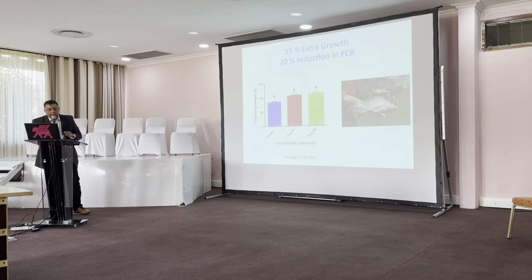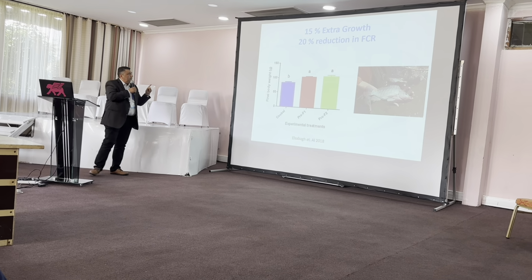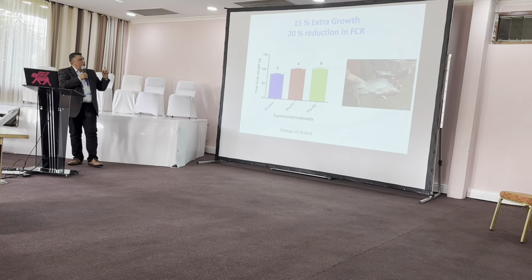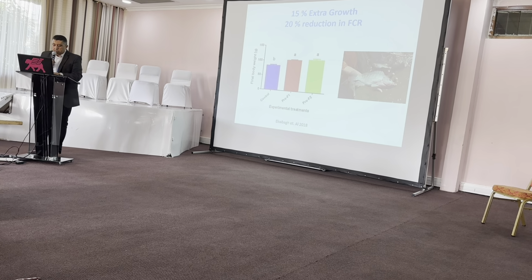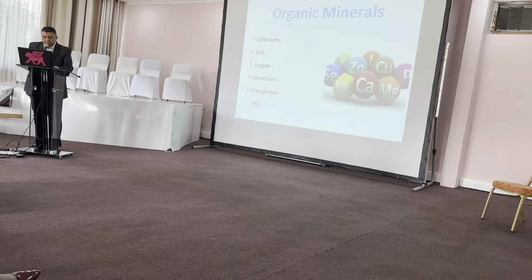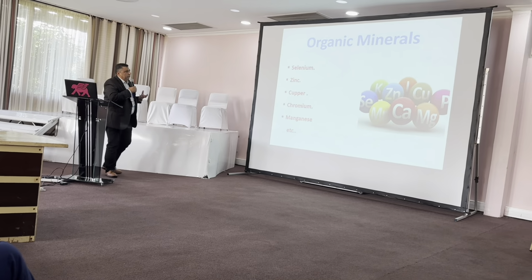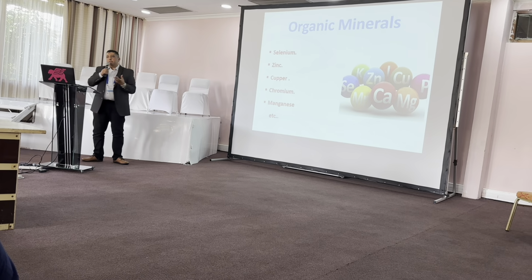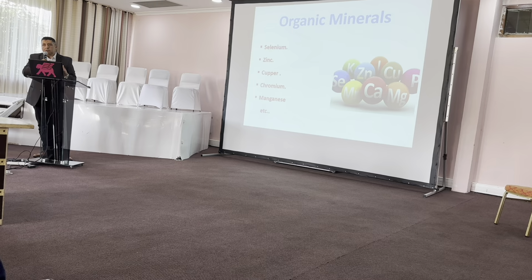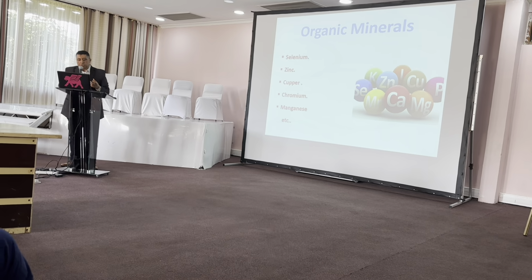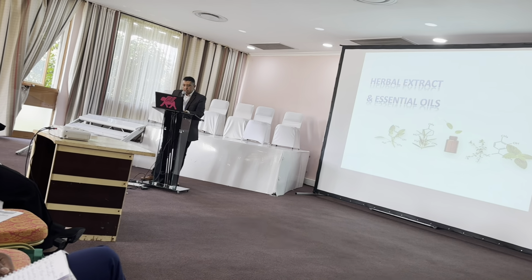In a study using probiotic, we found 15% extra growth and 20% reduction in FCR. This is a good result when using probiotic in feed. Also, some organic minerals and organic acids can be used in feed that help to protect the intestine of fish, increase the immunity of fish, and help to increase the welfare of tilapia.